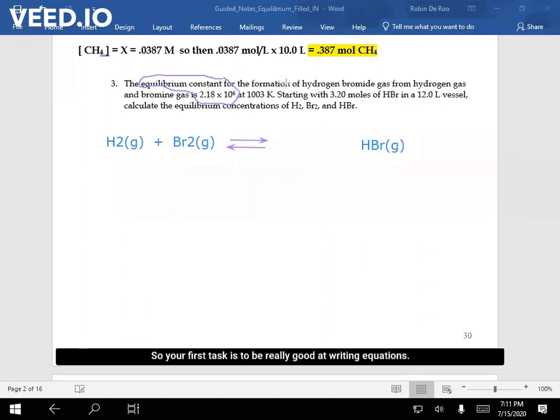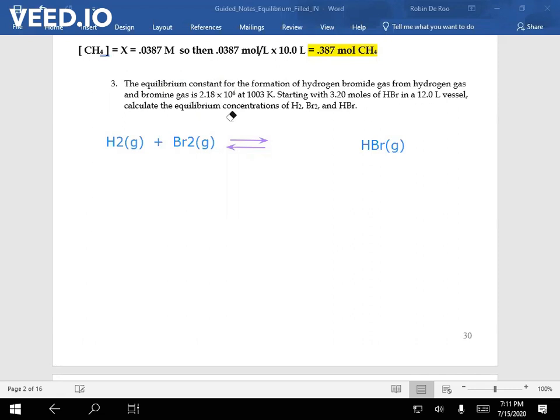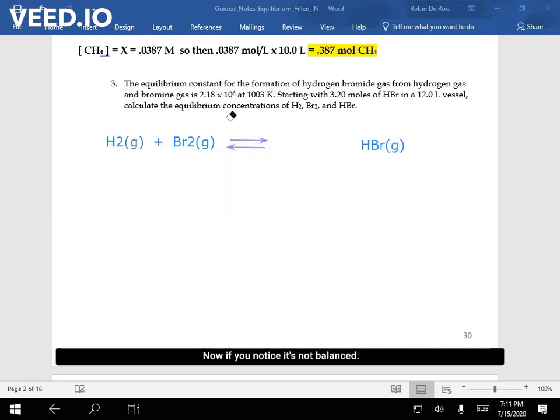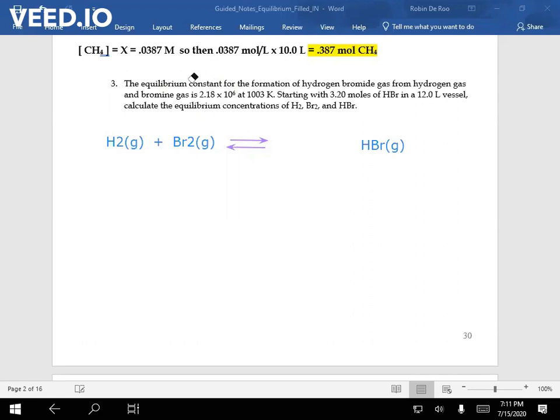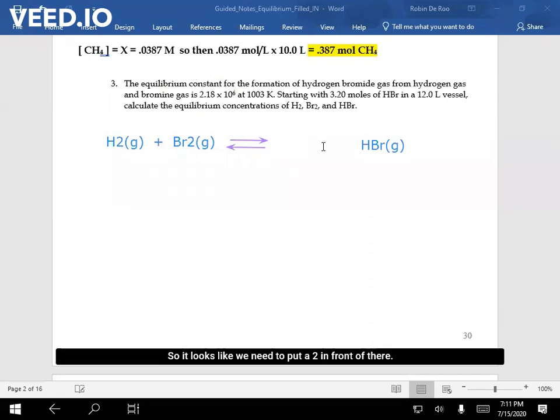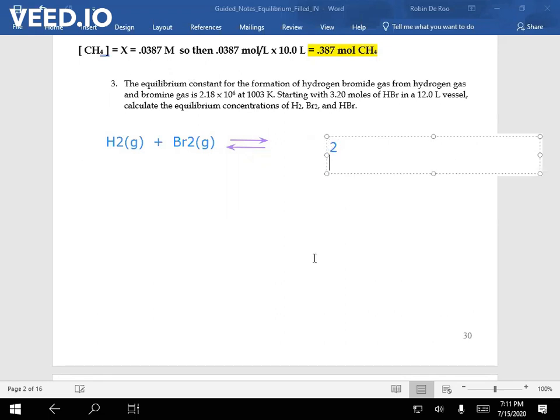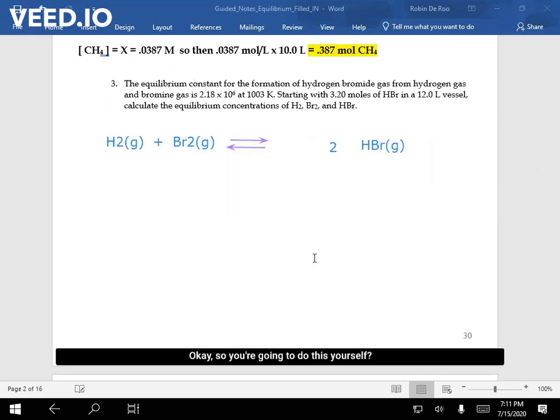So your first task is to be really good at writing equations. Now, if you notice, it's not balanced. You're going to have to balance these also. So it looks like we need to put a 2 in front of there. There we go. Okay. So you're going to have to do this yourself.